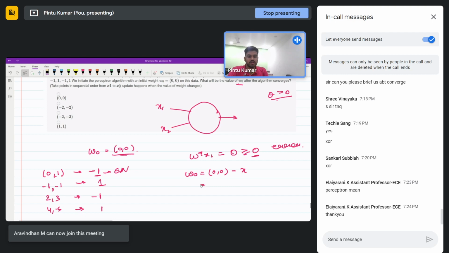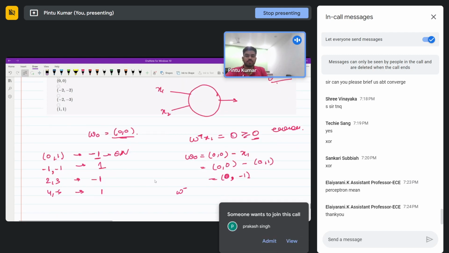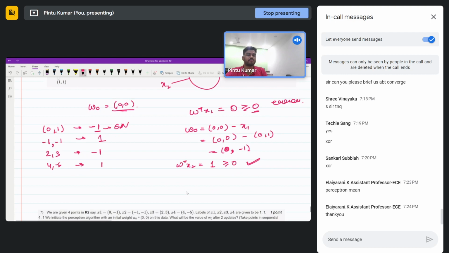So this is x1, so this is 0, 0 minus 0, 1, that is 0, -1. Now let's look at the second point. W transpose x2: 0 into -1 is 0, -1 into -1 is 1. So this is greater than 0 and it is a positive point, so my prediction is correct. I need not do anything here.